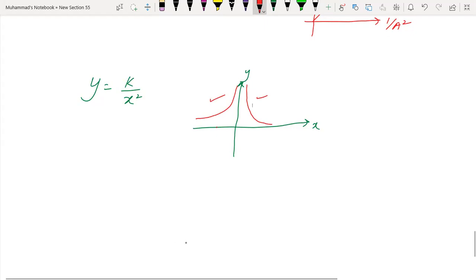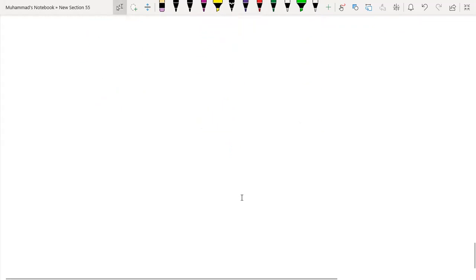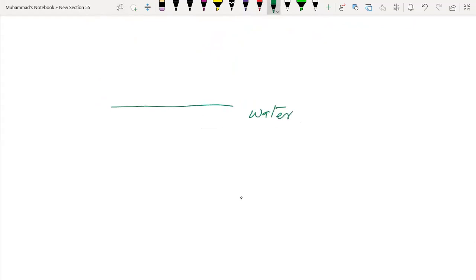I should explain one more important situation. For example, if you have this water surface, it can be any liquid, and you have an object of a cubical shape. What are you going to do?